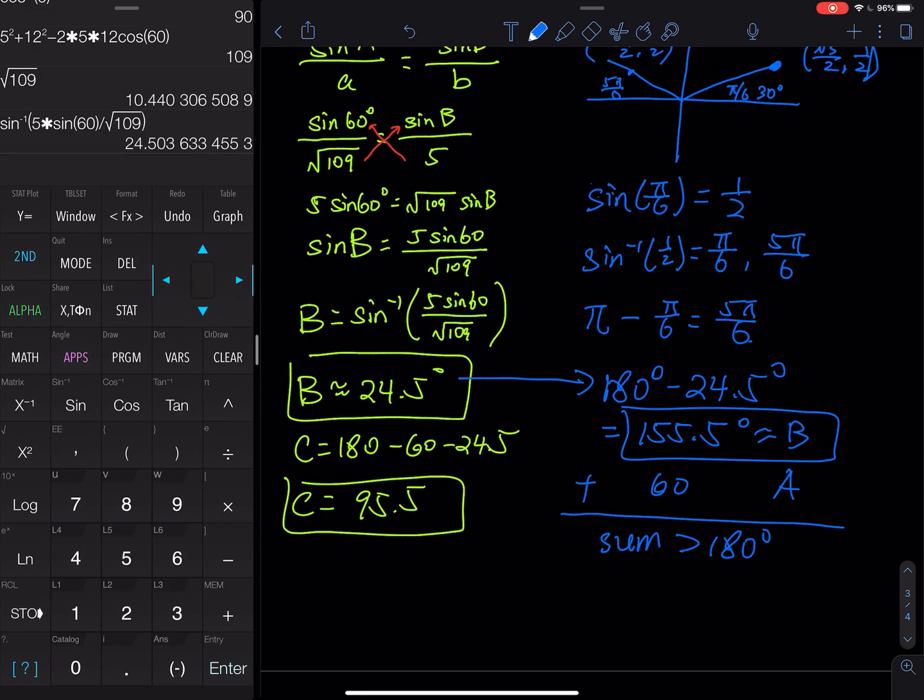This is A, this is B. We haven't taken C yet. So there is no room for C because the sum must be 180. The 155.5 plus 60, you already take all the space, right? So it is impossible to fit C. So that means no solution if you take this as angle B. So in this problem, there is one triangle.